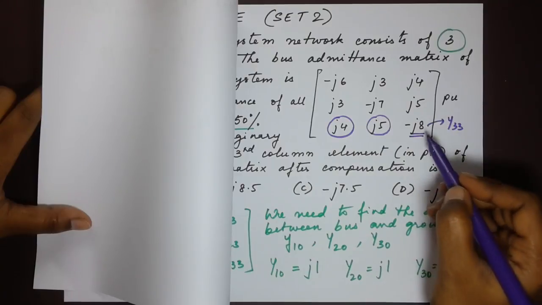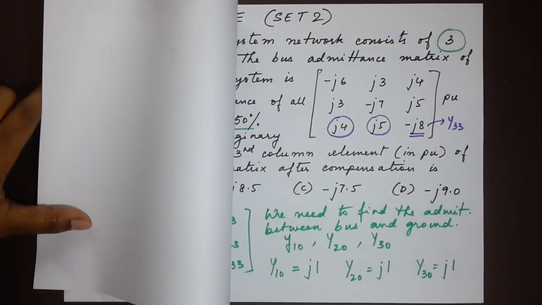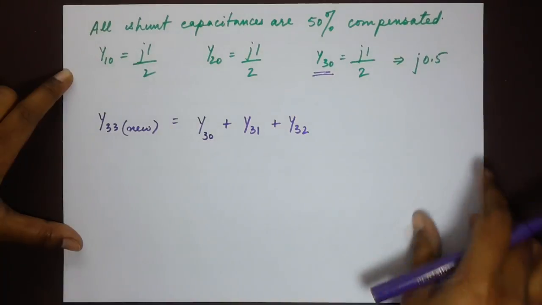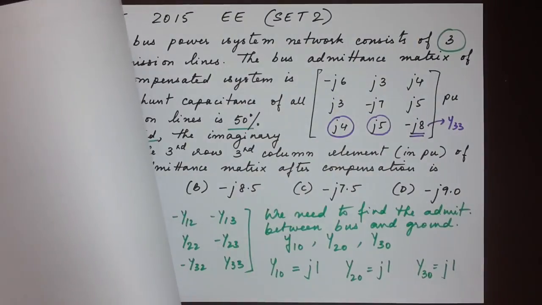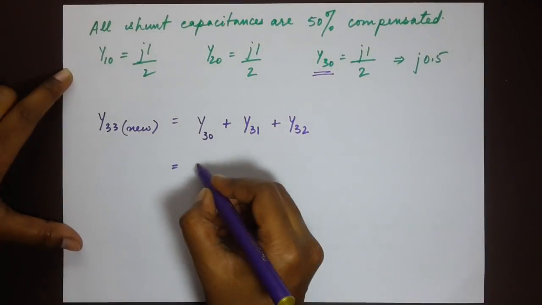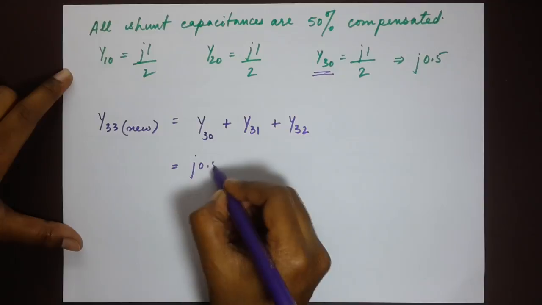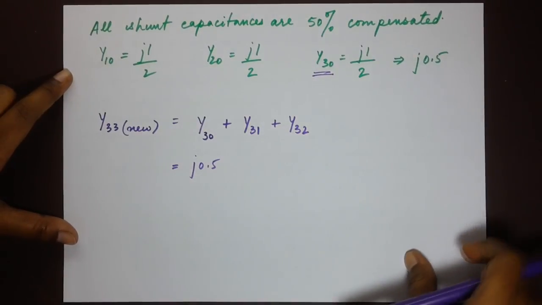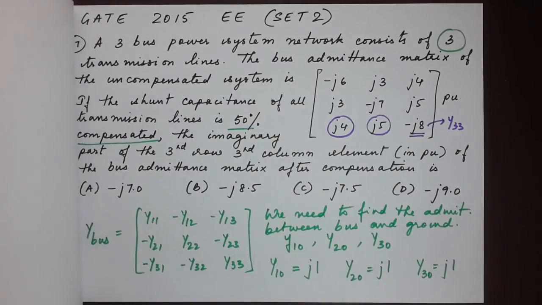This is Y33 old. We are finding out what is Y33 new, the new value. So we add Y30 of what we have just found to the two values here, j4 and j5. So let's put that down here, j0.5.